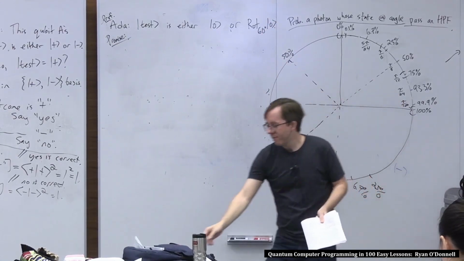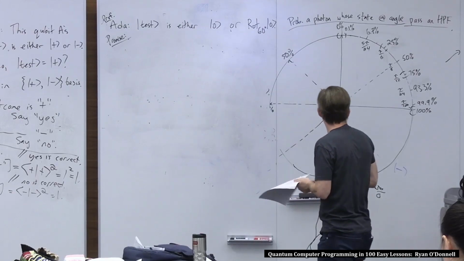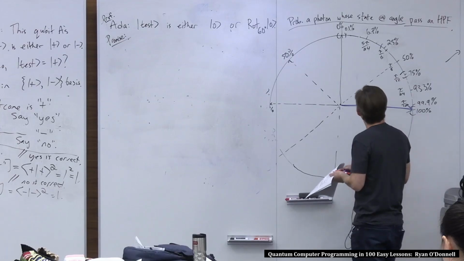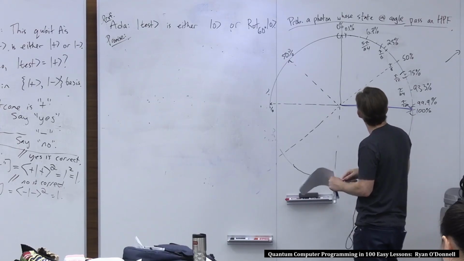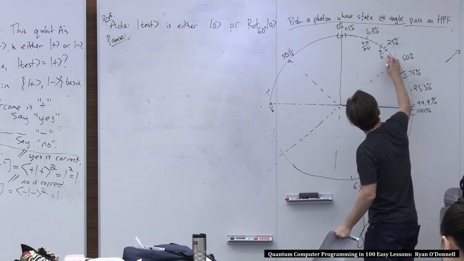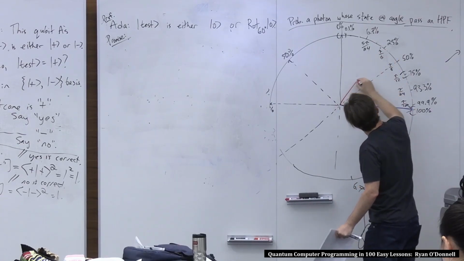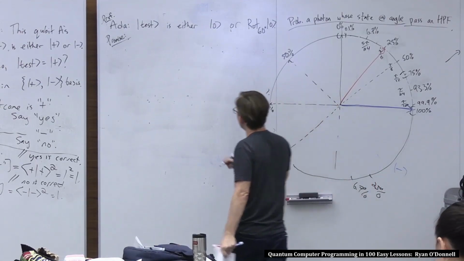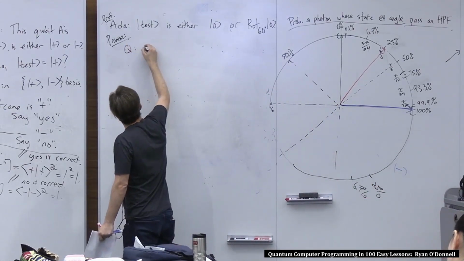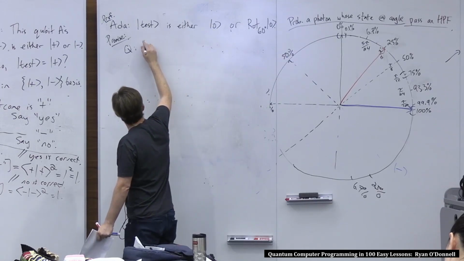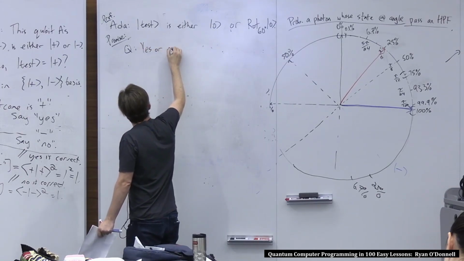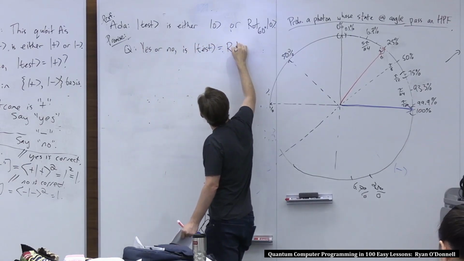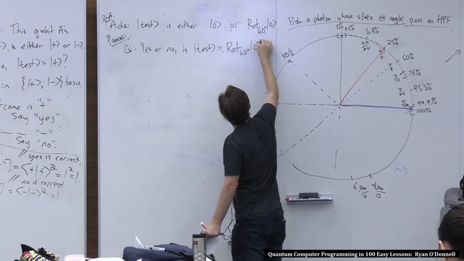In other words, this qubit that he hands you is either this one or maybe it's this one. It's the same kind of question. Let's say yes corresponds to the rotated one. So yes or no: is test equal to the vector rotated 60 degrees from 0?